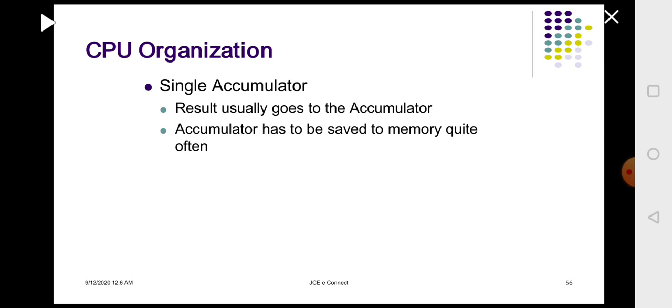The accumulator has to be saved to memory quite often. For example, when you are adding two or three numbers, the result can be stored in the accumulator. From this accumulator, the result can be stored in a memory location. It is a similar register like R0, R1, R2, but a special register just because it holds one of the data during the arithmetic and logical operations in some specific processors.